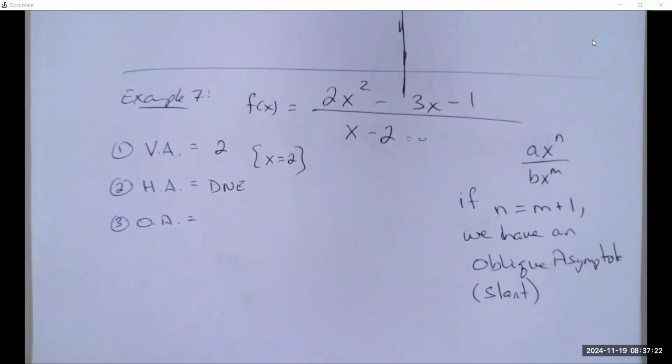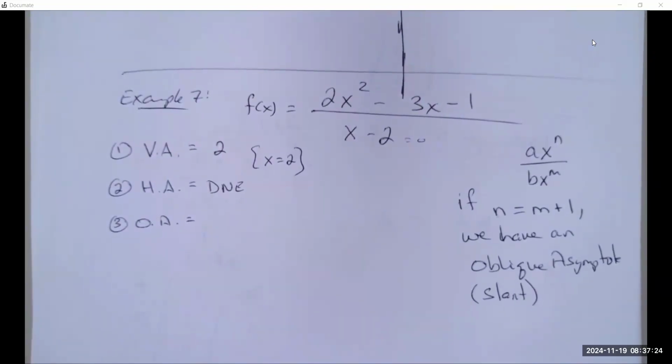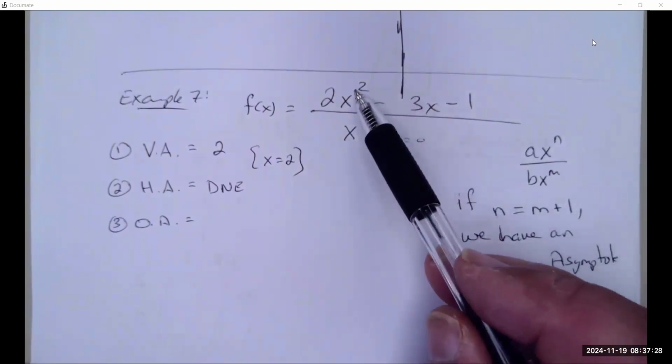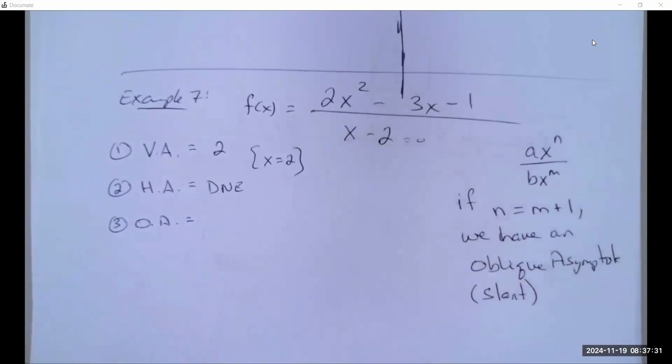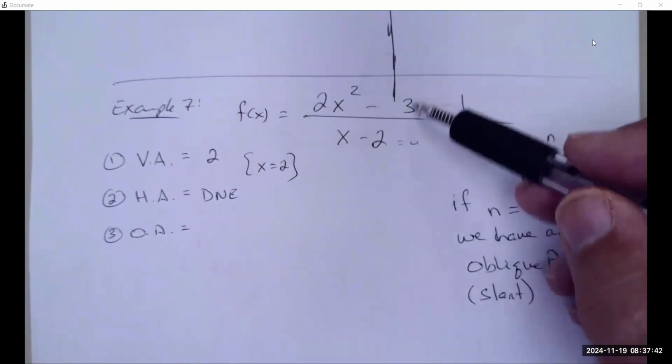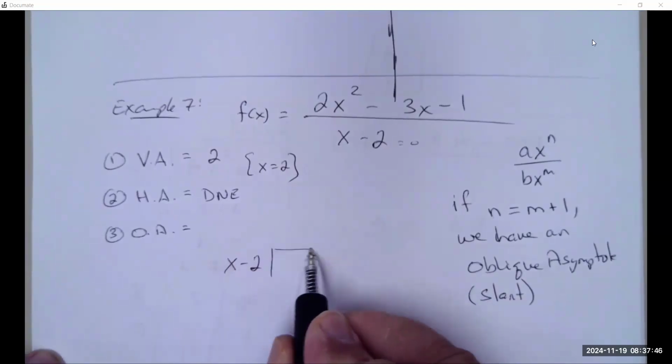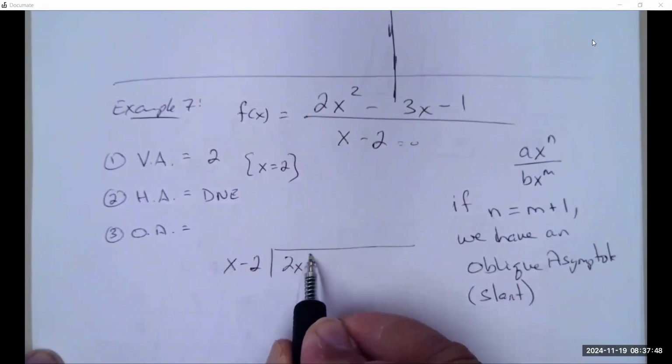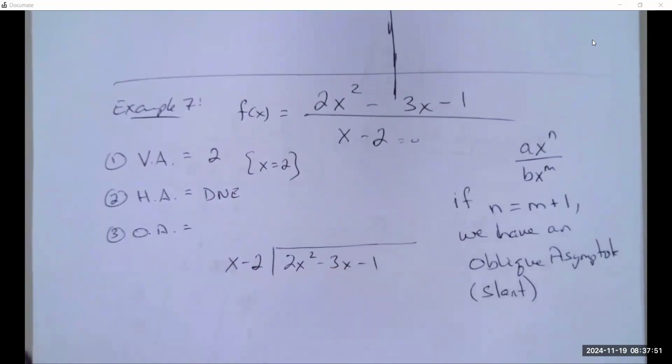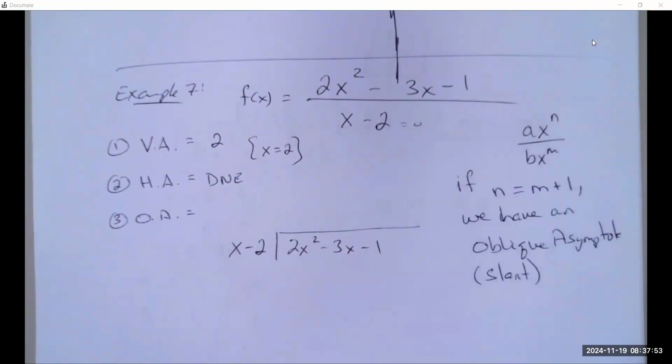That's the diagonal one. In other words, whenever the top degree is bigger than the bottom by 1, we'll have an oblique asymptote. Why is that? Because it's a fraction, we can do long division. We can divide these two expressions.